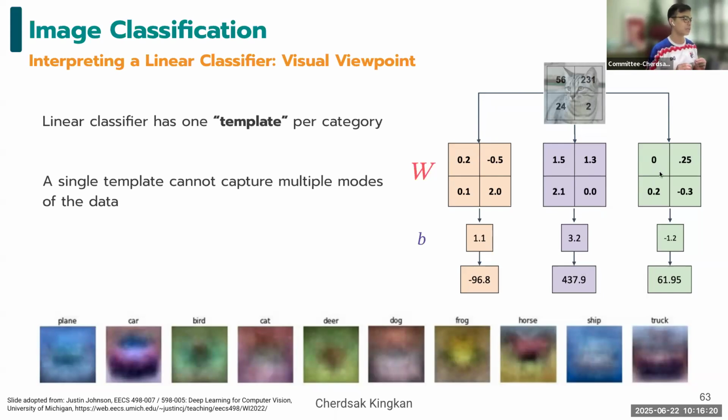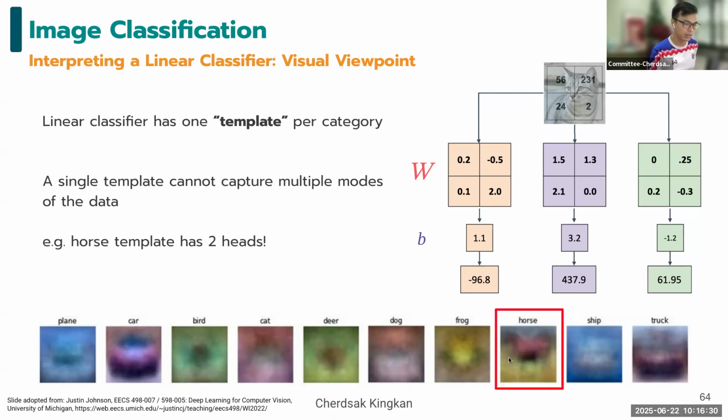Sometimes a single template cannot capture multiple modes of the data. What do we mean by that? If you look at the template of the horse, you can see that the horse has two heads. This means that in our data set, we might have horses turning to the left and also turning to the right.